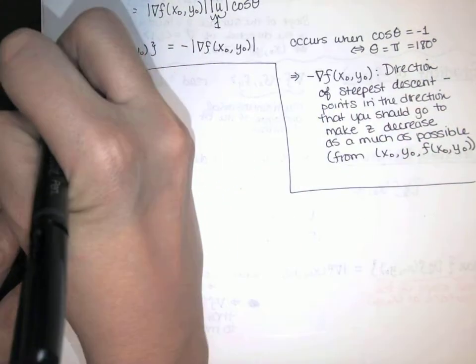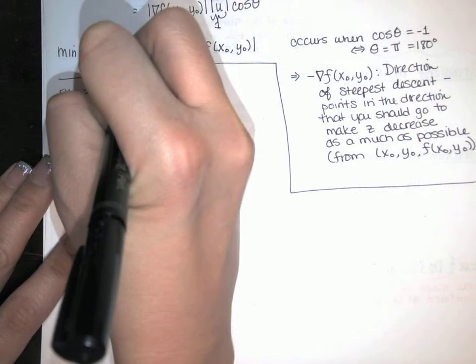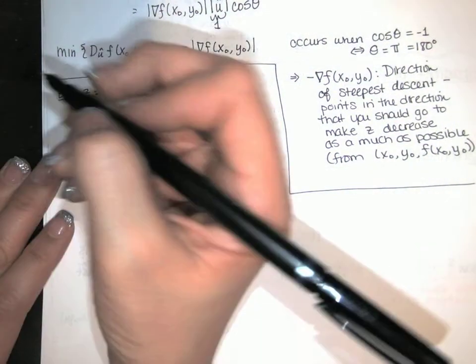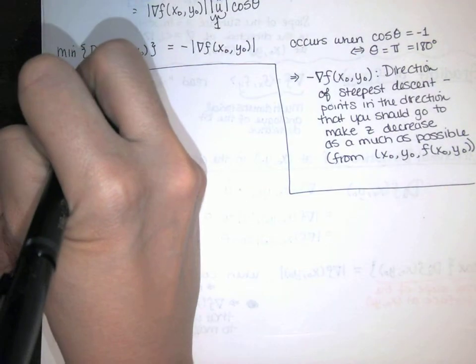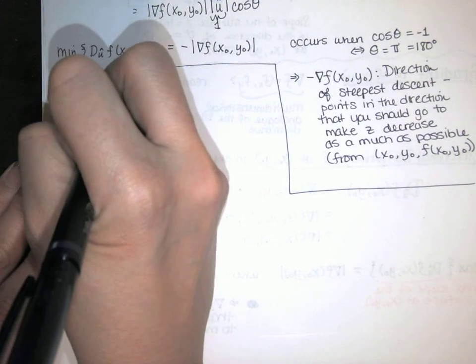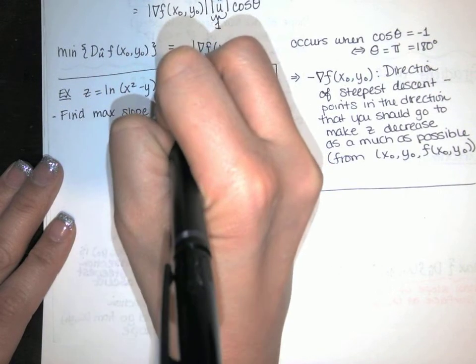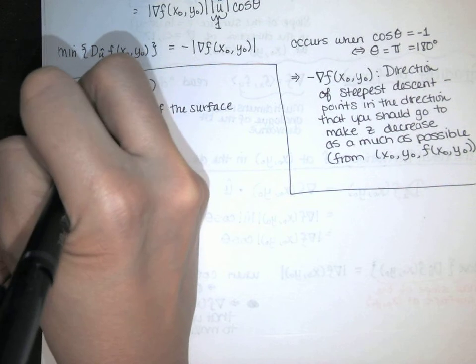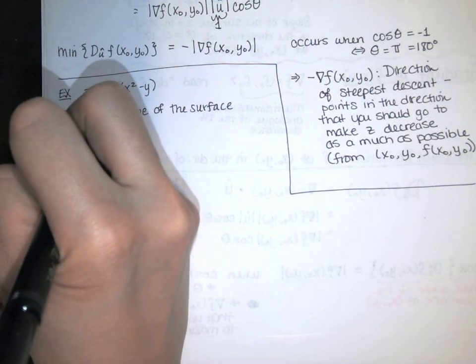Okay, so here is our function, which represents a surface. Every xy is associated with a z. Let's say we want to find the maximum slope of the surface at 2, 3 and the minimum slope of the surface at 2, 3.